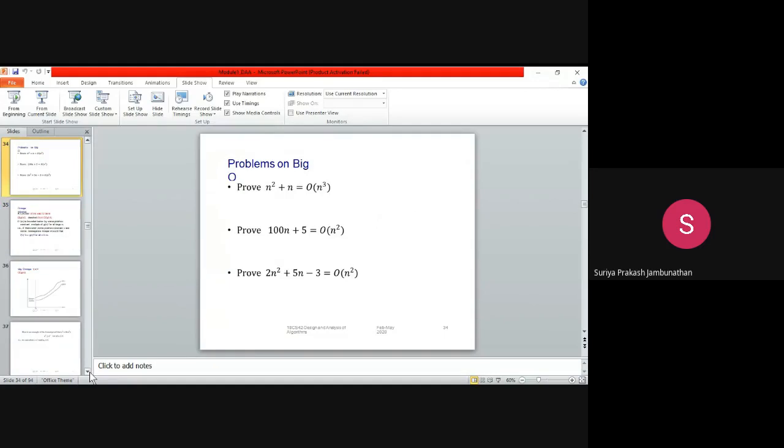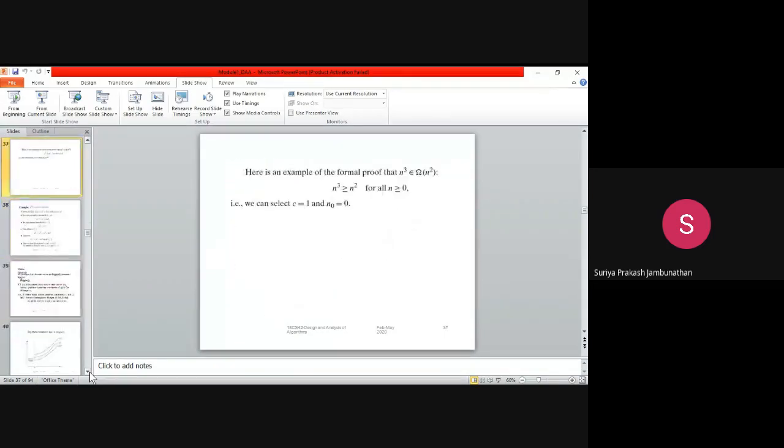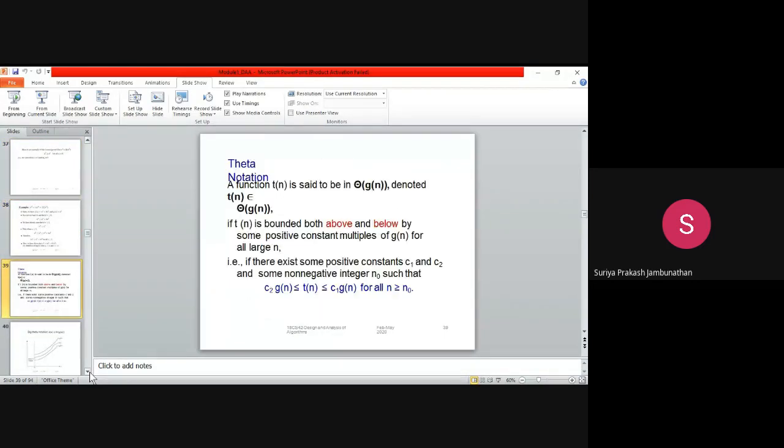Big theta is the last one. In big theta notation, we have two general functions: C1 of G of n less than or equal to T of n less than or equal to C2 of G of n.